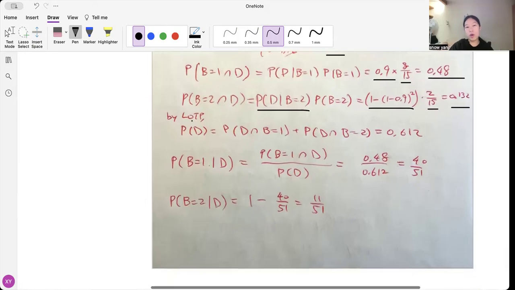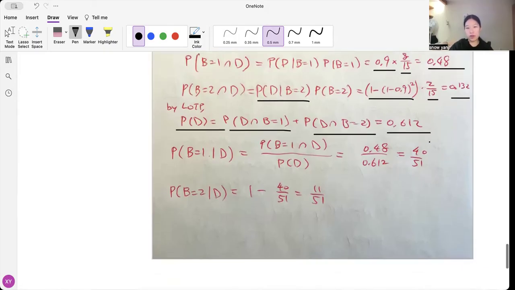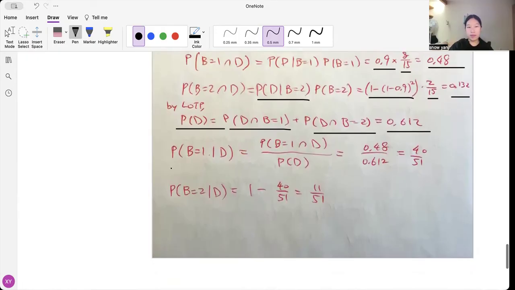By the law of total probability, we could have either B equals 1 or B equals 2. They form a partition. So P of D is equal to P of D and B equals 1 plus P of D and B equals 2, and we get 0.612.